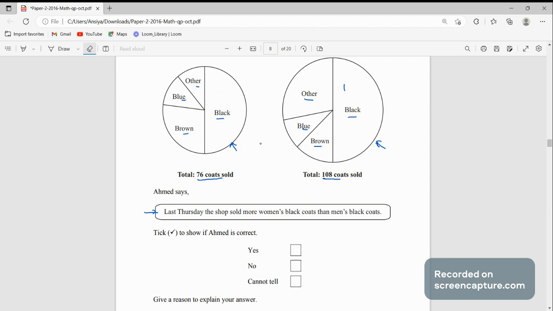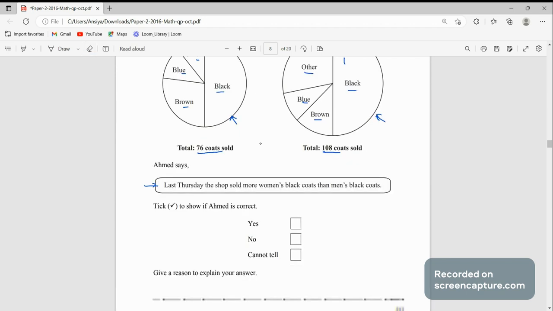Okay. I didn't notice his statement. What did he say? Last Thursday, the shop sold more women's black coats than men's black coats. Actually, is he correct? My answer is no. So my answer is no. Because half of 76 and half of 108.